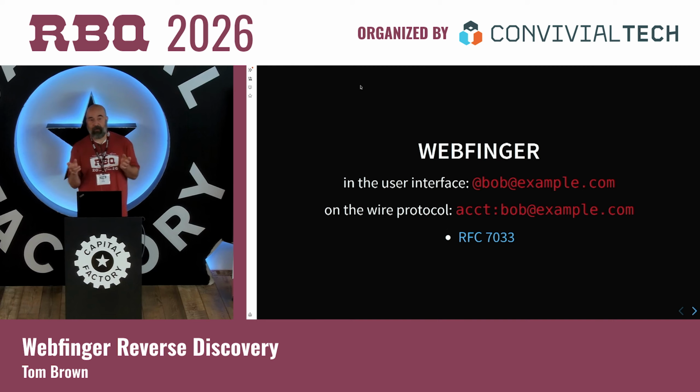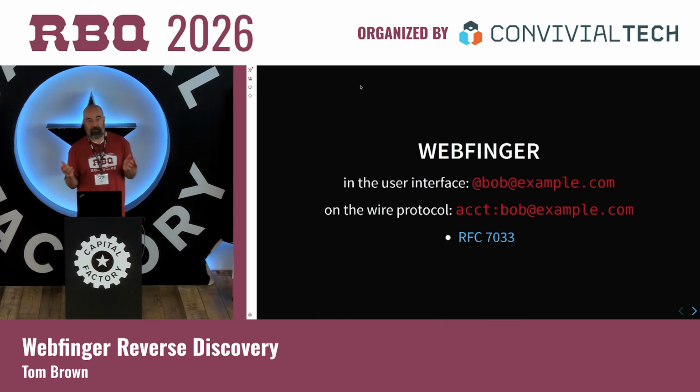What I can do something with is the second representation, which is used for internet communication, and that is the account URI, using the acct scheme, for instance, acct:bob@example.com.